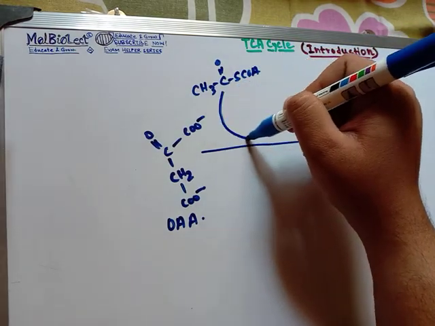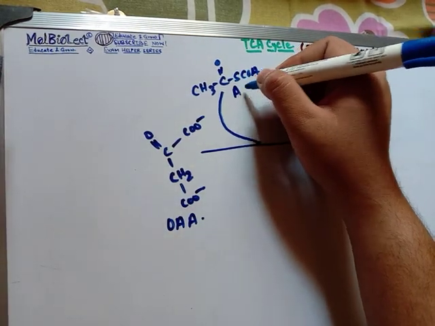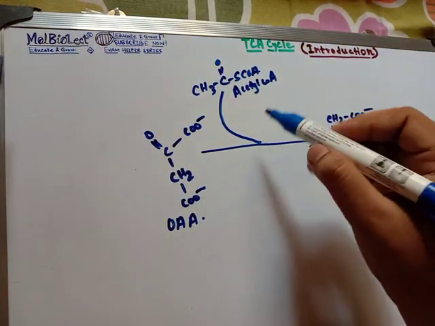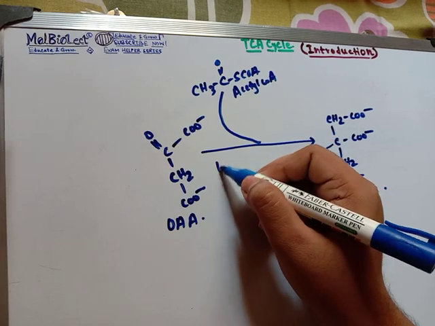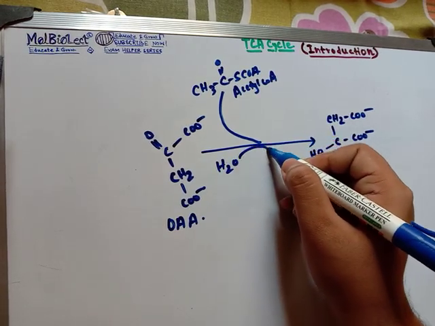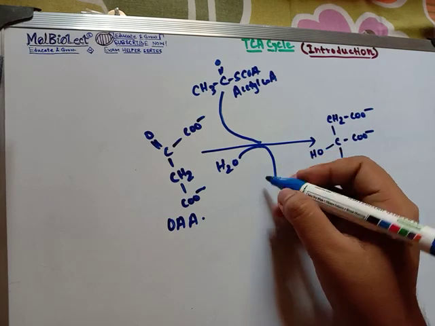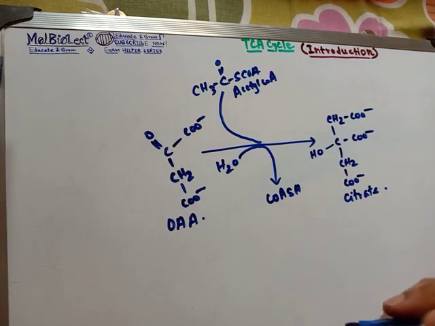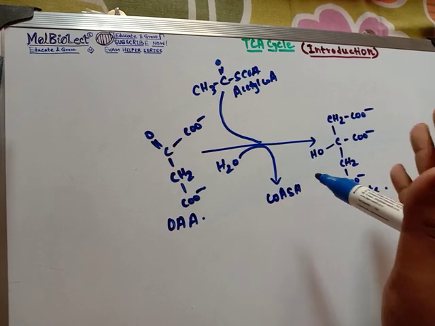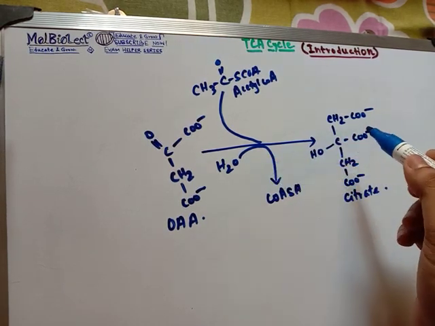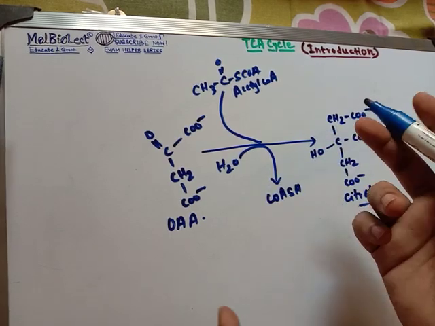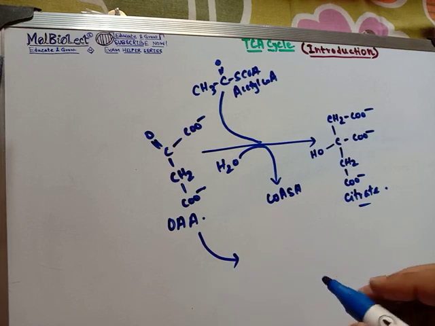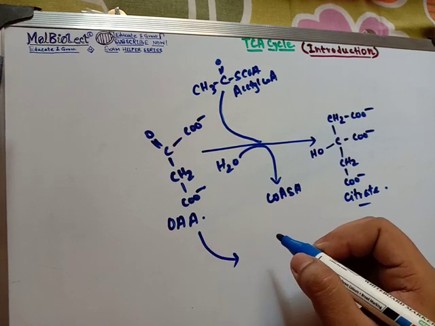This acetyl-CoA is needed to enter, and this reaction induces intake of water, but it removes the coenzyme A. So the coenzyme A is not needed anymore in this reaction, it is removed, and this gives you the citrate. But I have also mentioned citryl-CoA, which is an intermediate in the enzyme process.